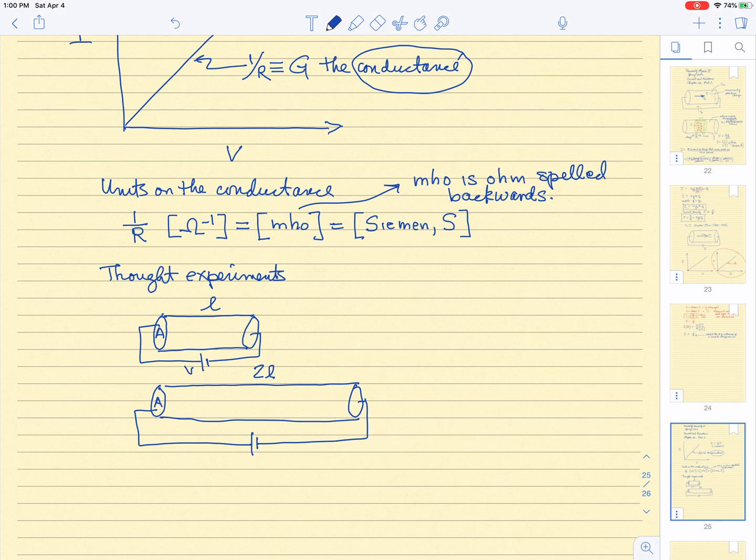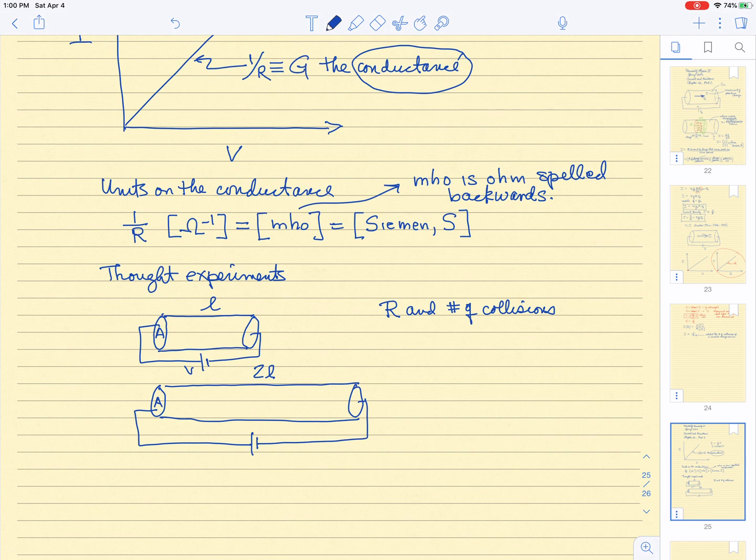And so we now want to look at the relationship between the resistance and the number of collisions that a mobile charge carrier will have.